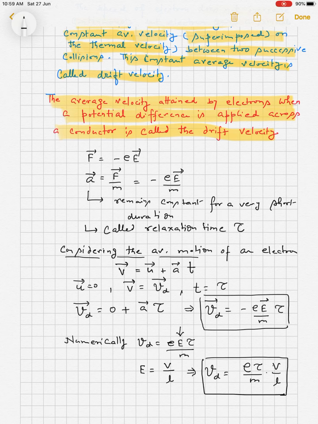So this is the relation for drift velocity. Here the drift velocity depends upon tau.